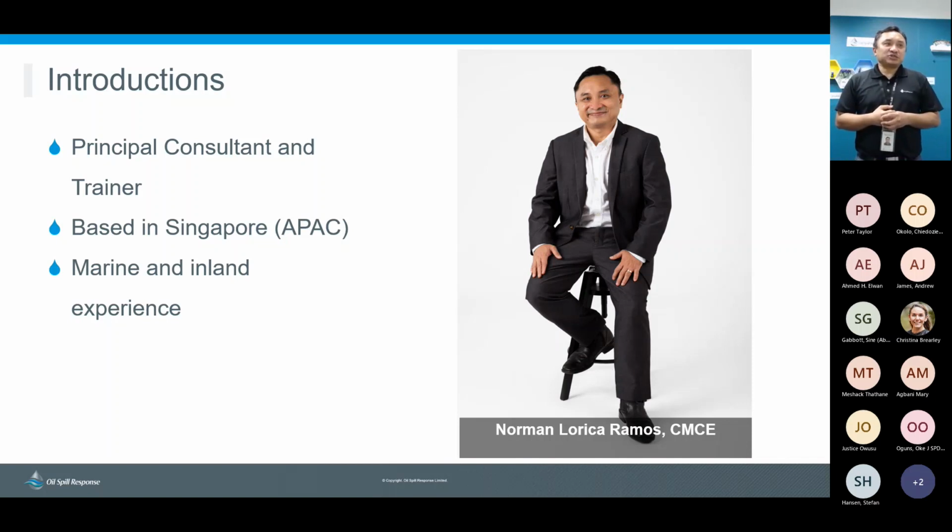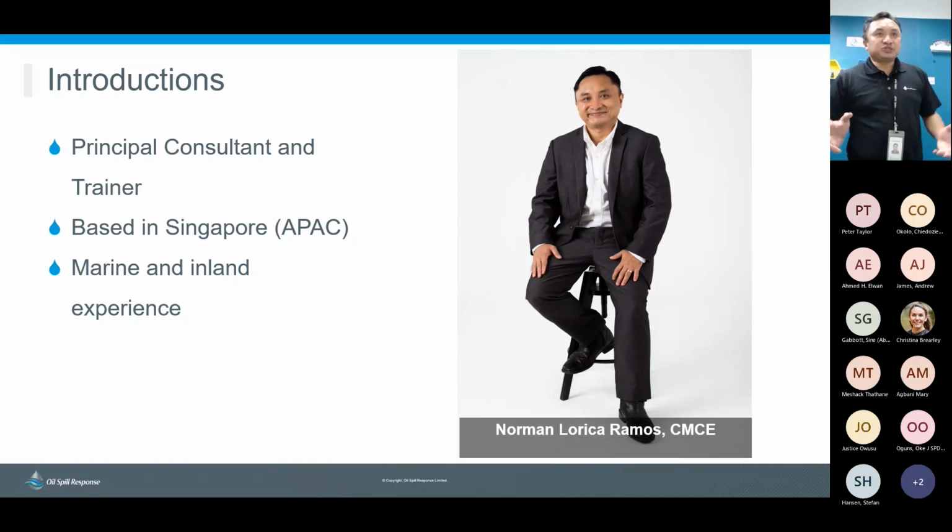Most of my experience on environmental impact assessment is on marine and inland. More specifically on inland, before I worked for OSRL, I did a lot of work on remediation of soil and groundwater. So there's a lot of sampling and monitoring that I have done prior to joining OSRL.